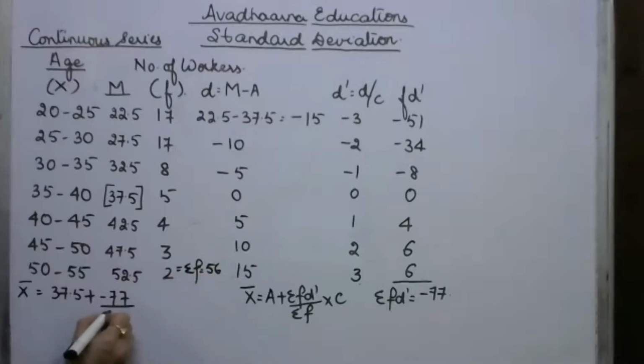So minus 77 upon 56 into c, which was 5. Now let's solve this and we'll get the value of mean.